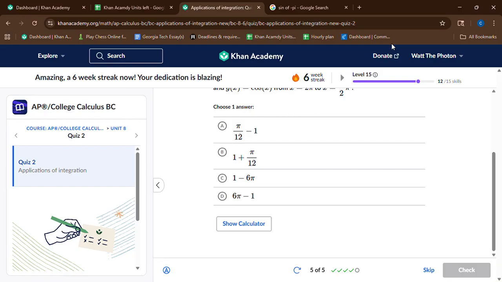Let's put this in the calculator: x squared divided by 3 pi, minus 5x over 3, minus the sine of x.